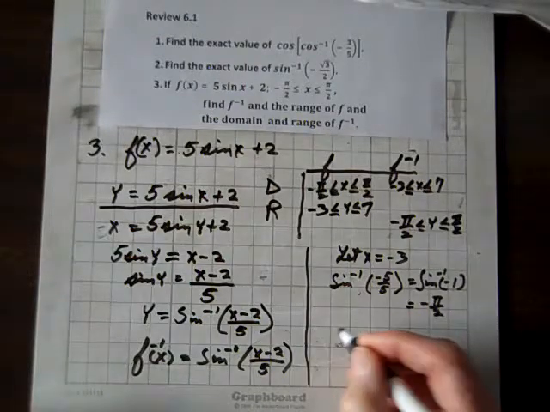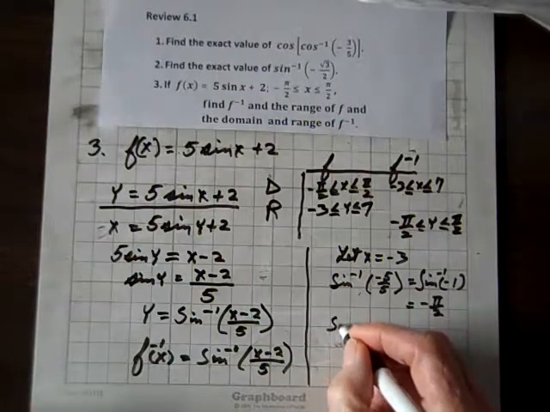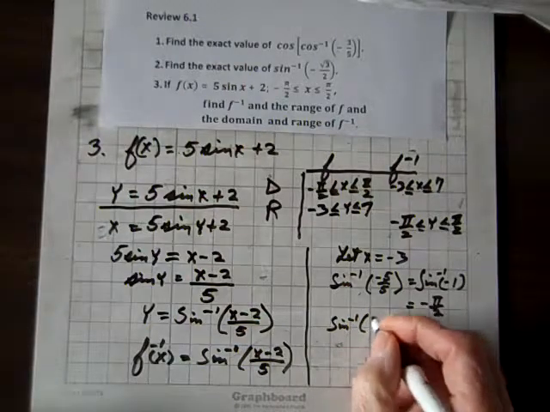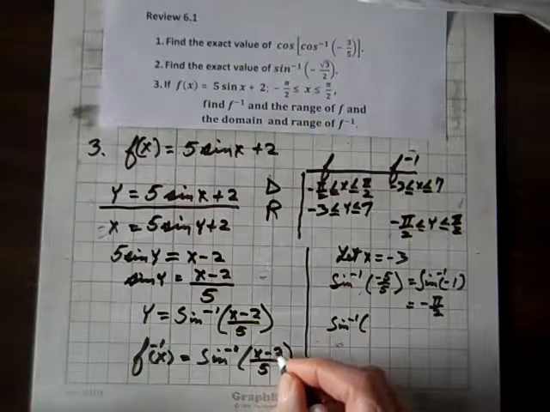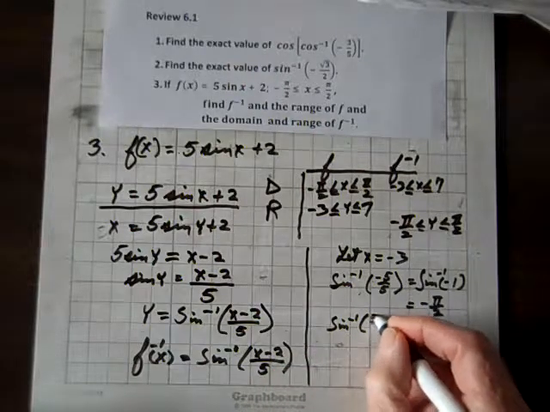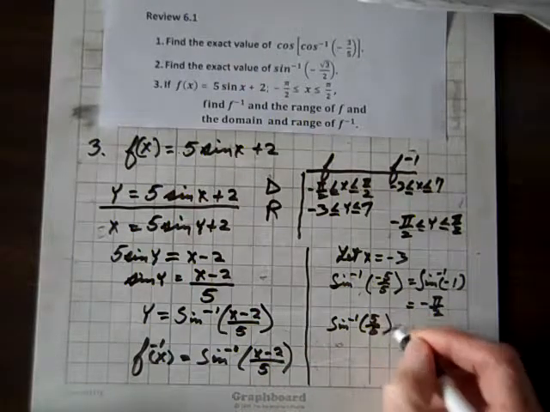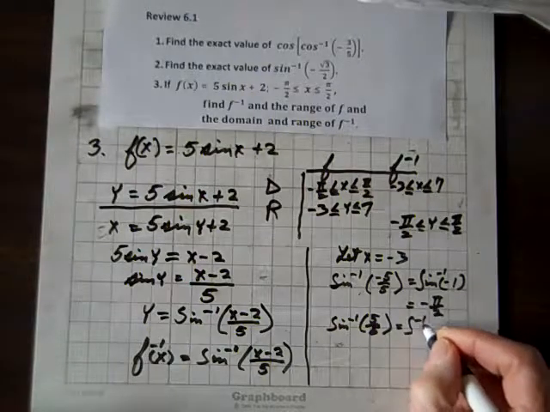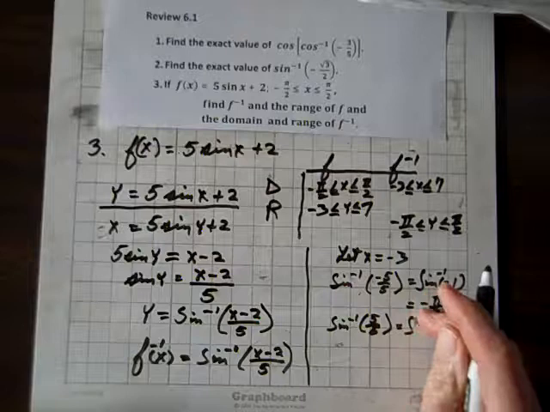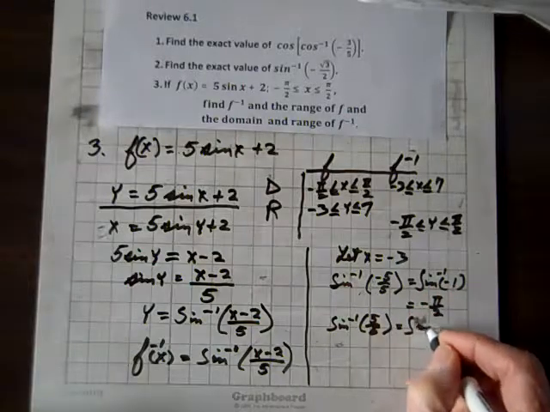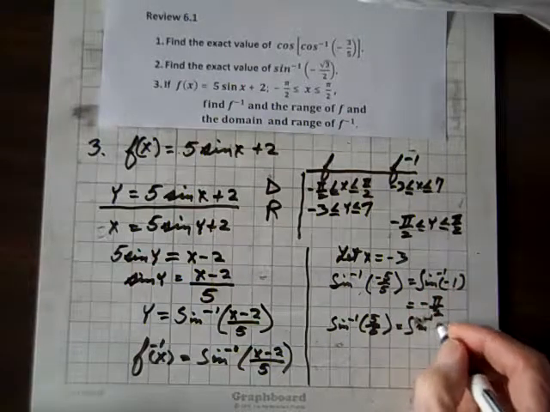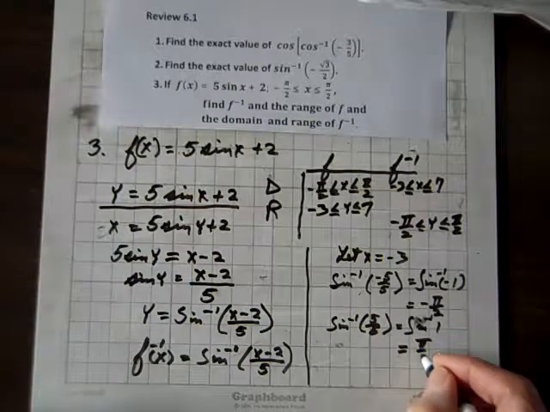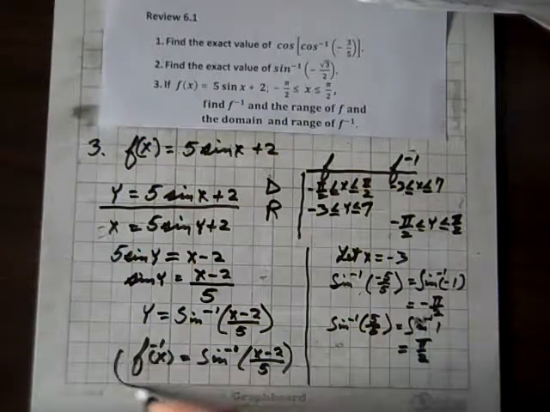And also, if we evaluate the inverse sine of 7 minus 2 is 5, we get 5 over 5, which equals the inverse sine of 1, which equals pi over 2. So, worked out. Anyhow, here's our guy.